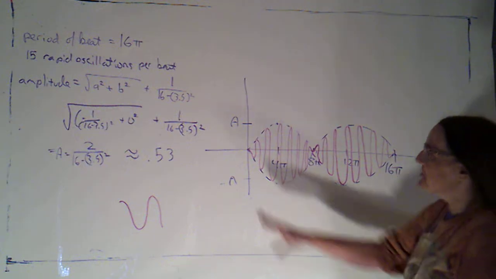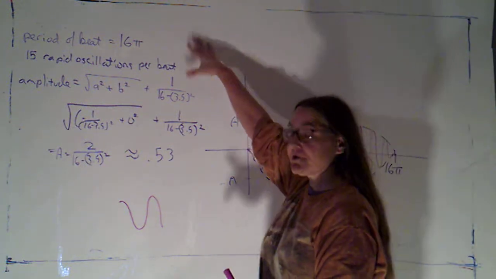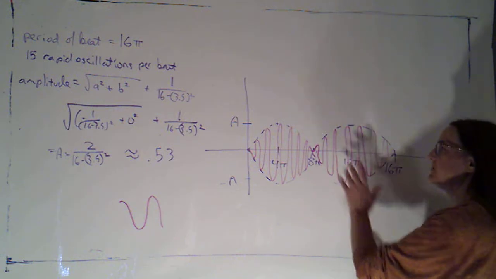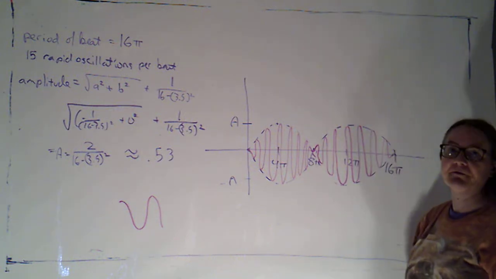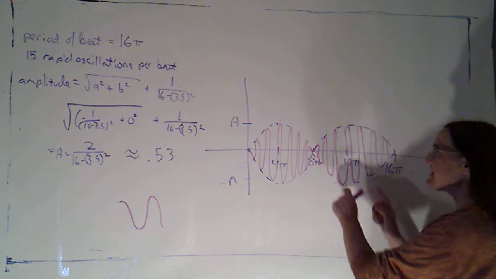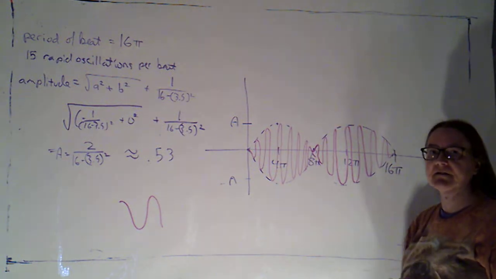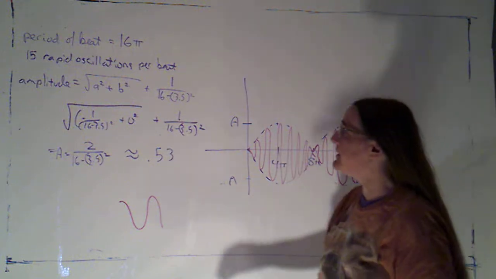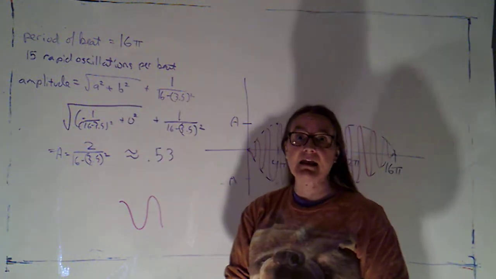I'm most concerned that you can get these numbers correct and draw me a very rough sketch. I'm not concerned that you get your sketch exactly perfect. Okay. But that's how we would sketch a representative solution curve. And yes, what we get will vary depending on the initial condition, because that's going to affect what A and B are.